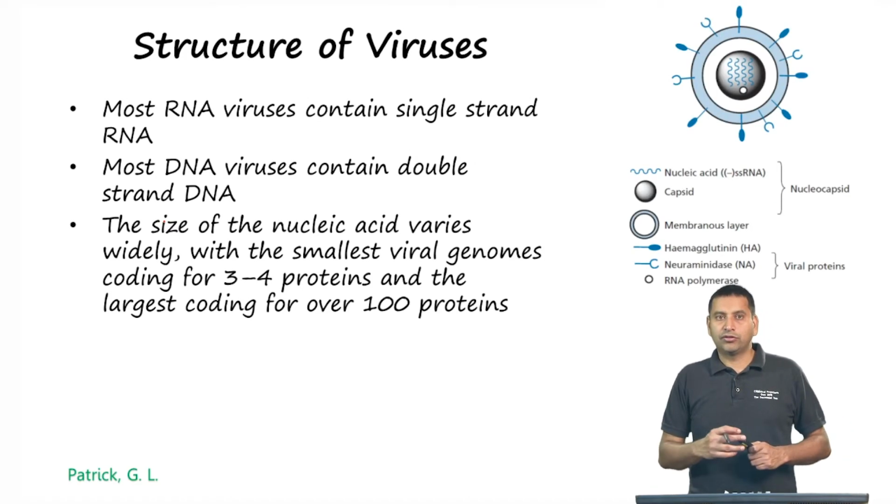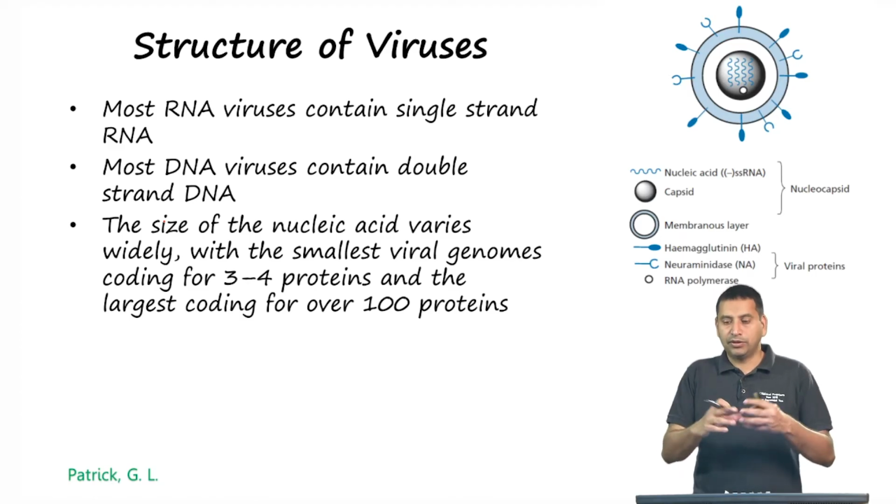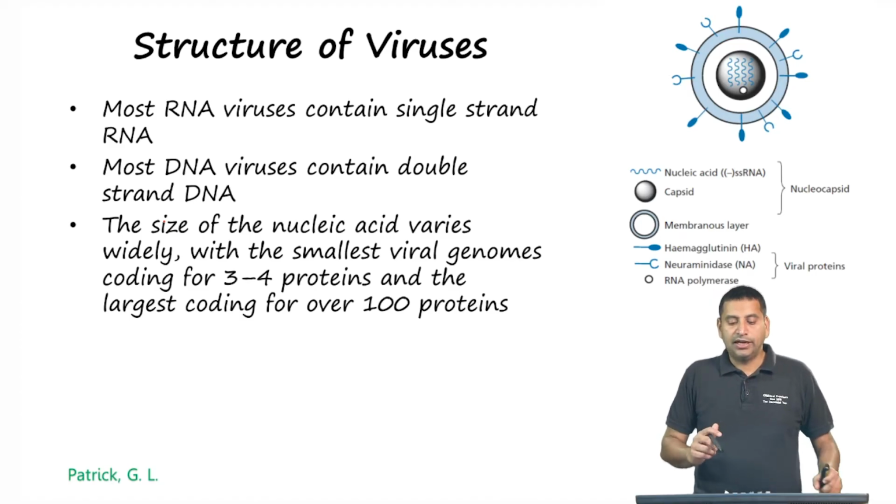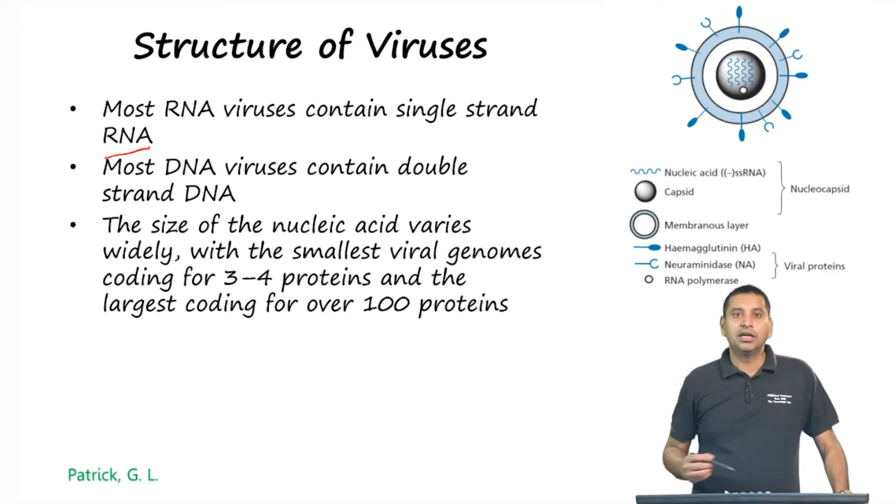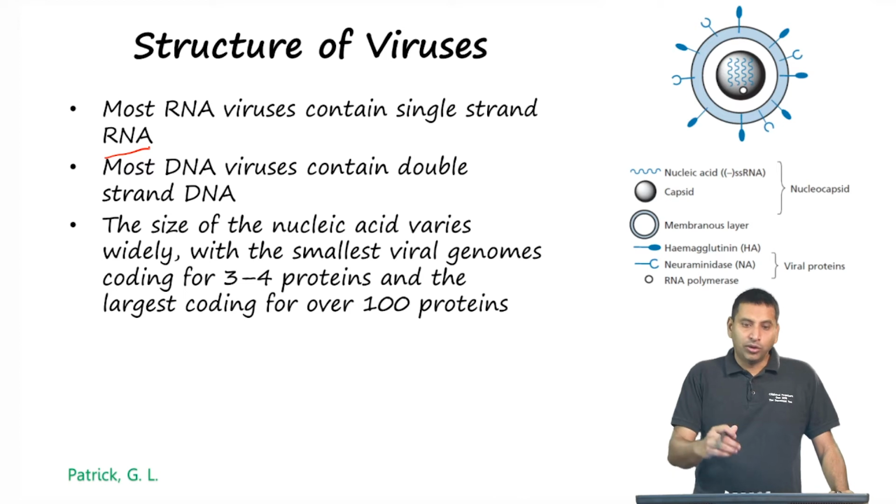So, here is the general structure of a virus. Most RNA viruses contain a single strand of RNA, and most DNA viruses contain double strand DNA, which is pretty much like what is there in our mammalian cells. The size of the nucleic acid varies widely, with the smallest viral genome coding only for 3 to 4 proteins.